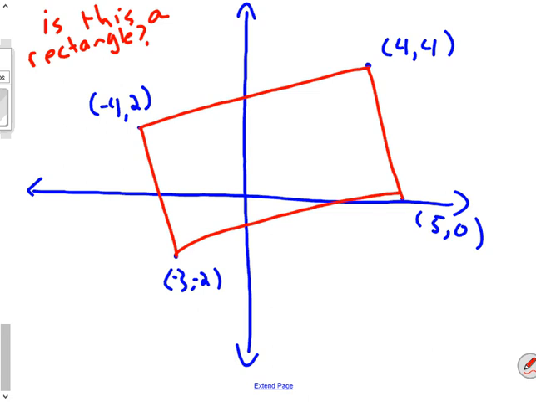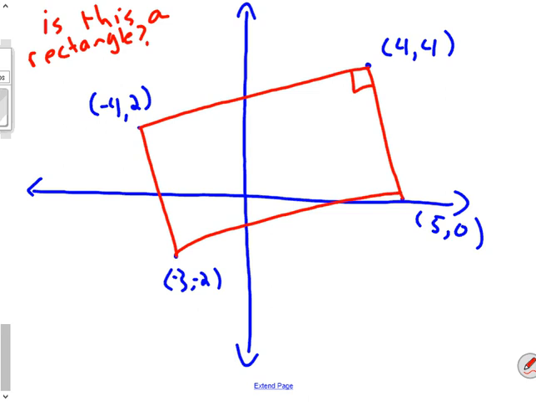Now the easiest way to do that is to show that one of the angles here will be 90 degrees. Because if this one here is 90 degrees, then the one across from it has to be 90. And if those two are 90, then the other two have to be 90 as well. So all we need to prove is that this one, or any one of them, is 90 degrees. And by that, you show that they are perpendicular.